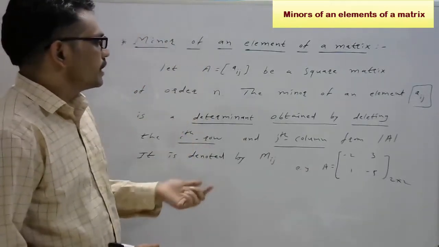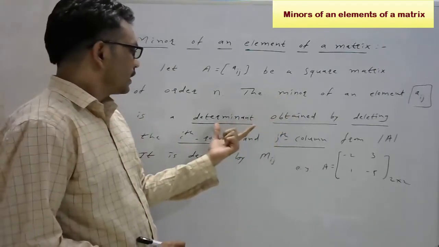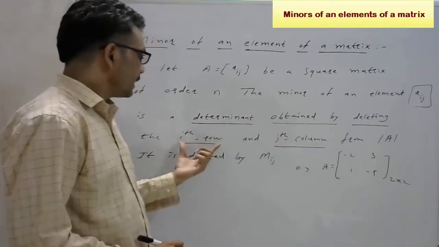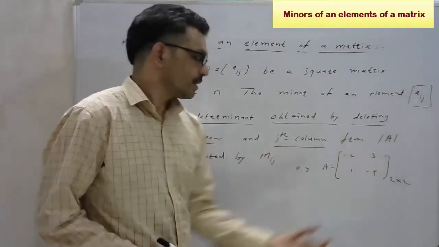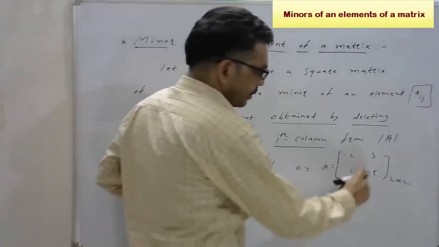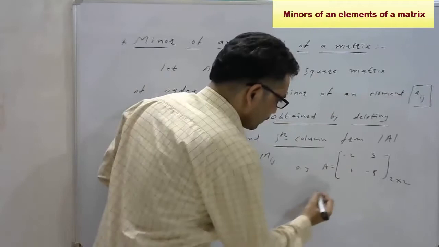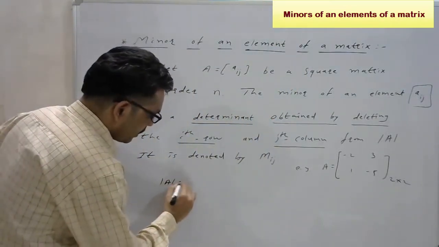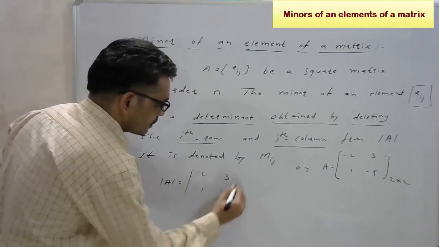In the definition, the minor of an element aij is a determinant obtained by deleting the ith row and jth column from the determinant of A. Say this is the given matrix of order 2 by 2. Then the determinant of A has elements -2, 3, 1, -5.